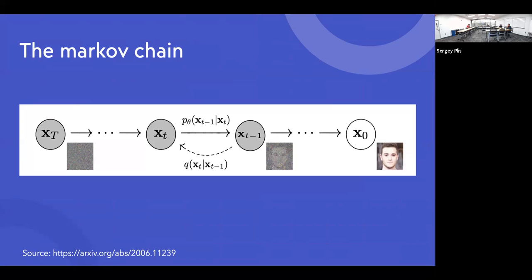I have another example with different types of distributions because this works for multiple noise distributions. But for natural images, Gaussian noise is the standard. We do this until we get to xt, big T, and we basically have a noise image.